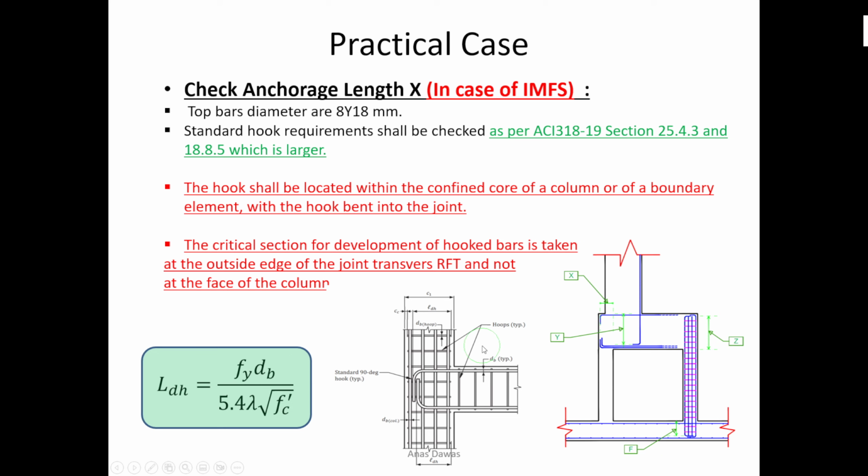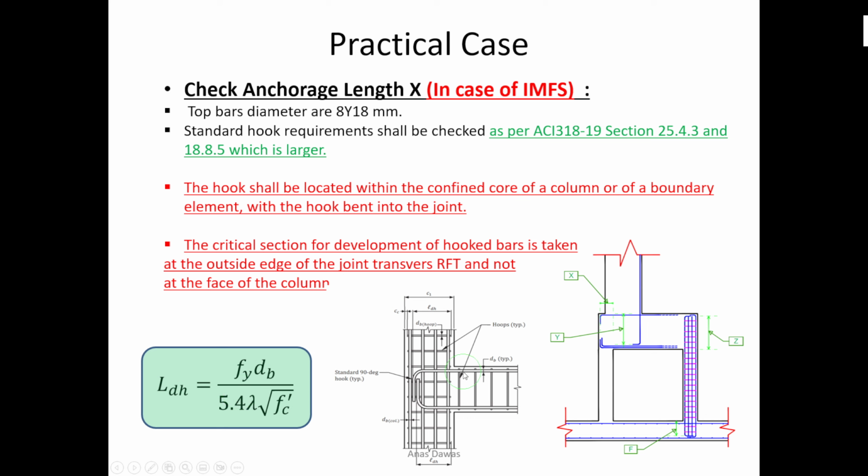Also, you have to know that in the case of an intermediate moment frame system, the minimum LDH equation is different from the ordinary system. So you have to check the LDH for the ordinary and for the intermediate moment frame system. Then you have to take the larger of them.